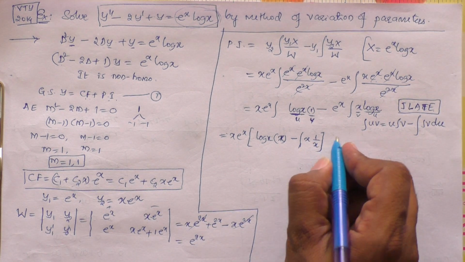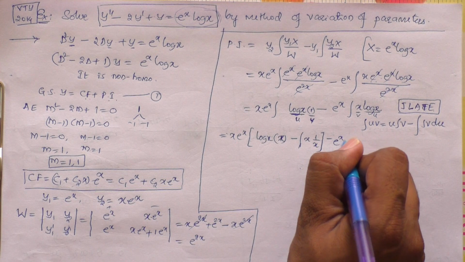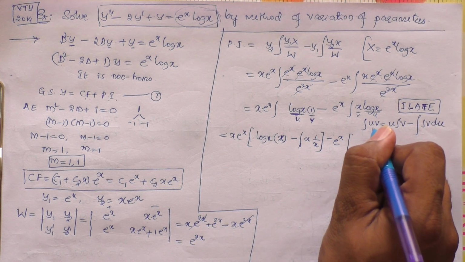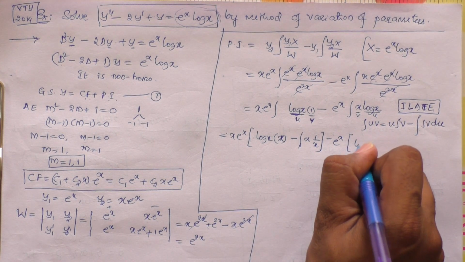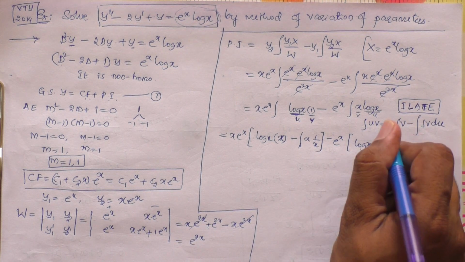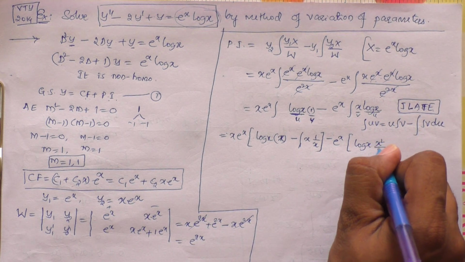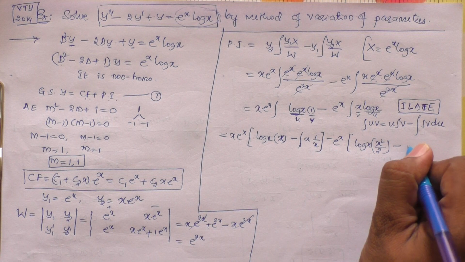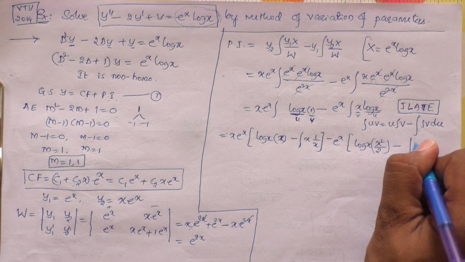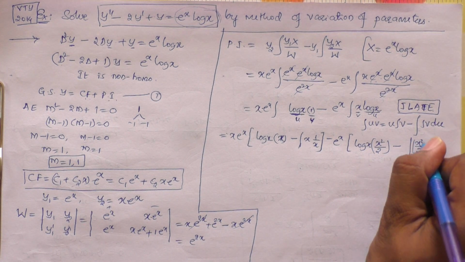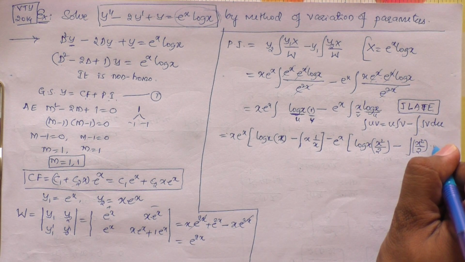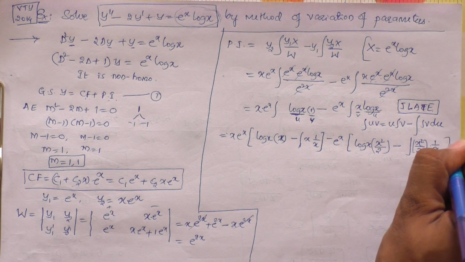This is the first term, minus e raised to x into, here log x is u and v is x, integration of v, x square by 2, minus integration of v, that is x square by 2, then du, differentiation of log x, 1 by x.